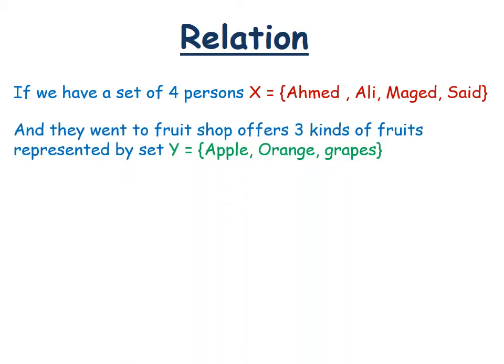And they all went to a fruit shop. And this fruit shop offers 3 kinds of fruits: apple, orange, and grapes. And I will represent these 3 kinds of fruits in a set called Y. So now I have 2 sets, X and Y.